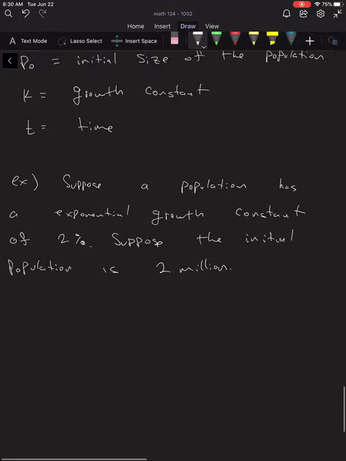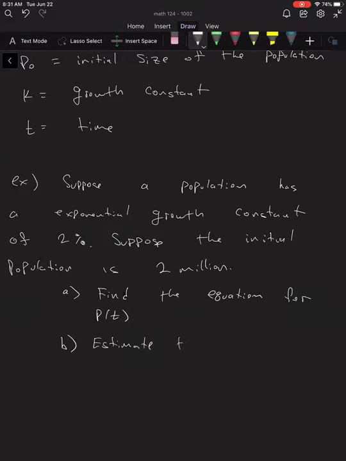So let's do a couple of things. Let's find the equation for P of t. Let's estimate the population after 10 years.